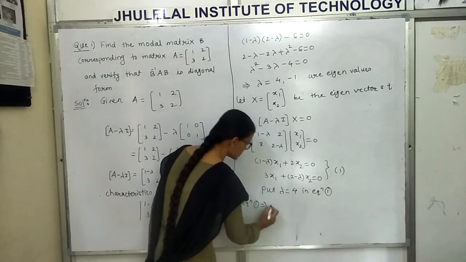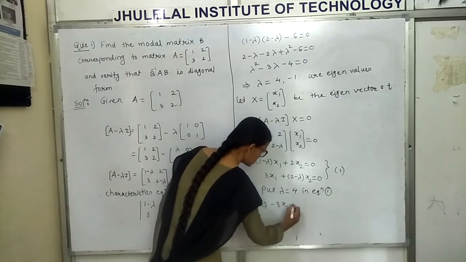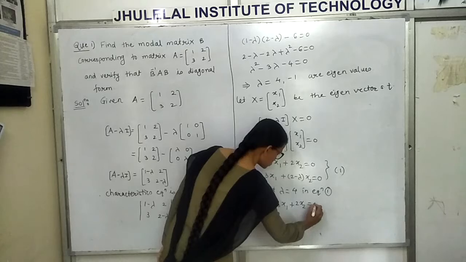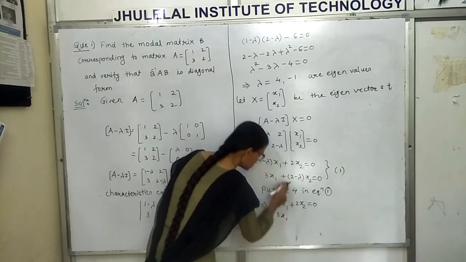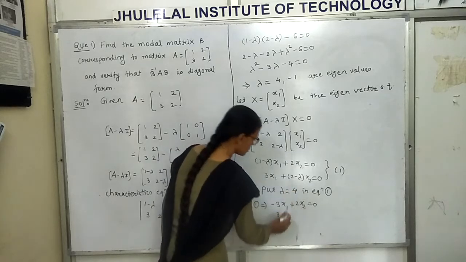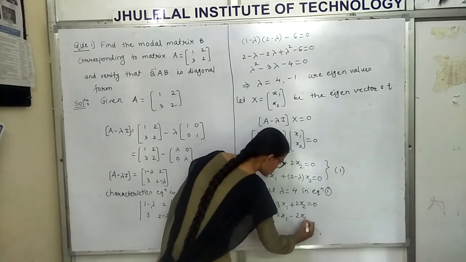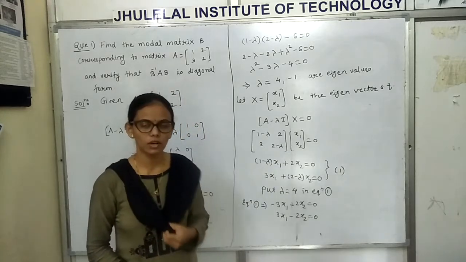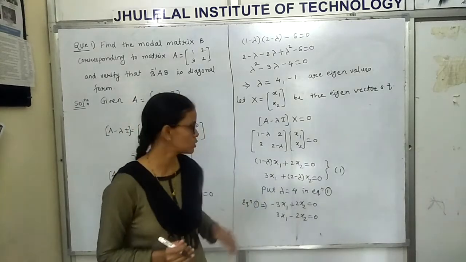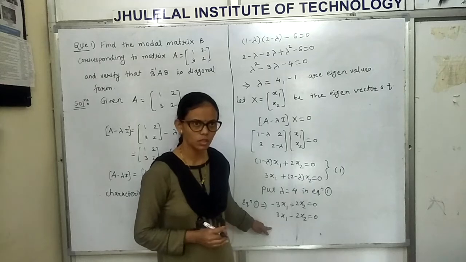1 minus 4, that is minus 3x1 plus 2x2 is equal to 0, and 3x1 plus 2 minus 4, which is minus 2x2, equal to 0. So these are the two equations we got after substituting lambda equal to 4. Okay.